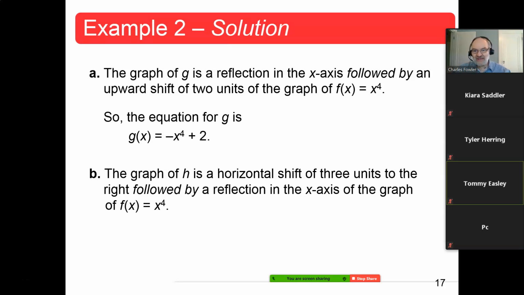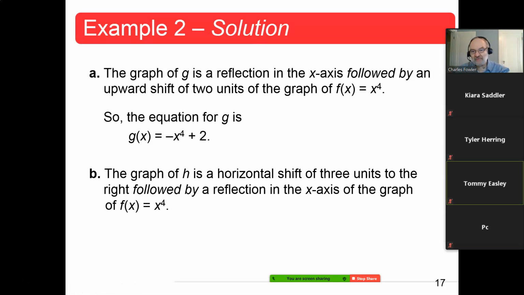So I like to say that the horizontal shift 3 units to the right follows the reflection, not followed by the reflection. Okay? It doesn't matter, but in this problem, it would have mattered in this one. So why not keep it consistent? Why not do the reflection first, then follow that with the horizontal shift?